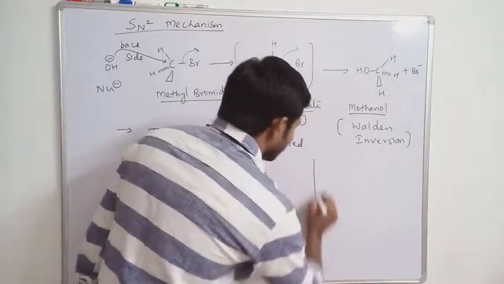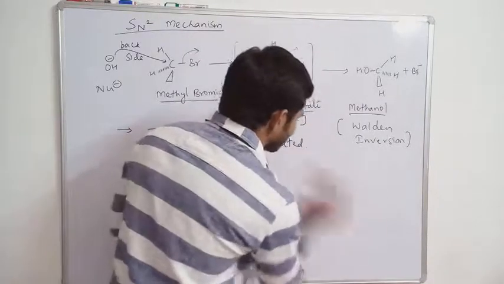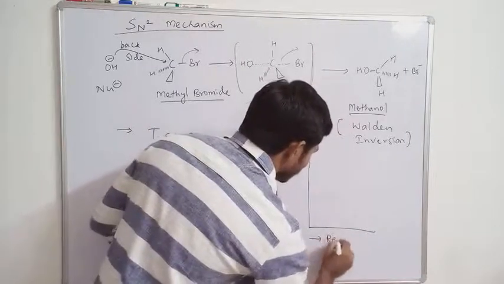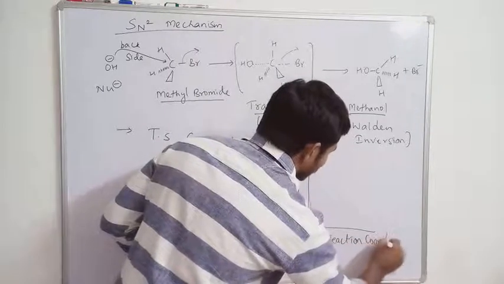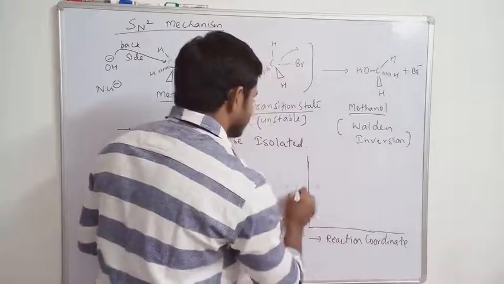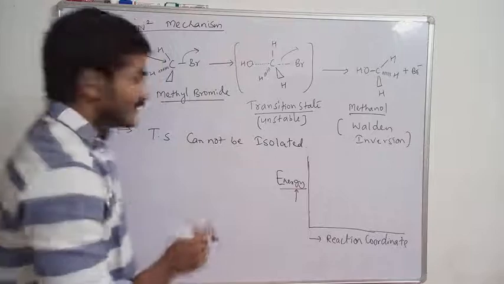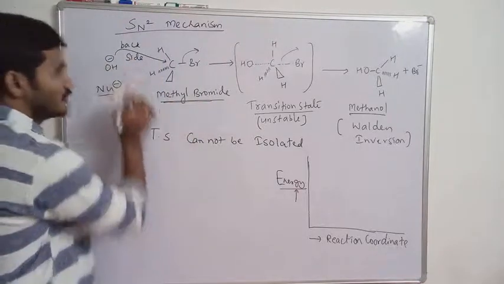If I draw one plot here, this is the reaction coordinate, and this is energy. Reactants: what are the reactants here? Methyl bromide and the nucleophile OH minus.